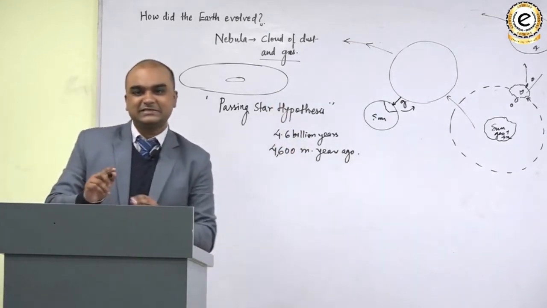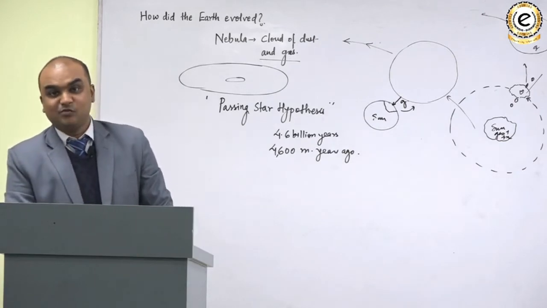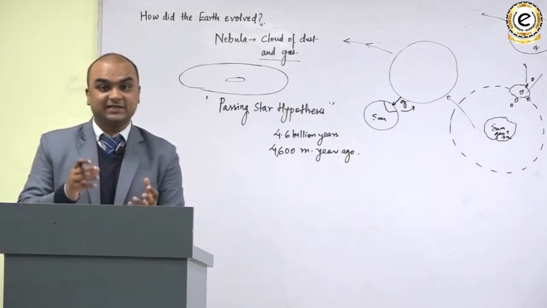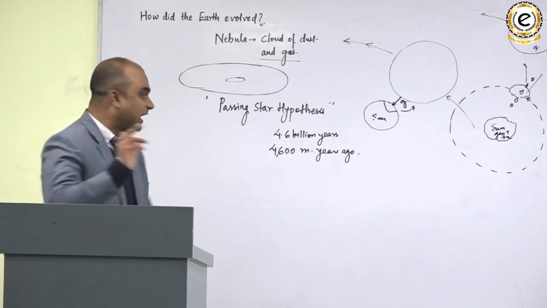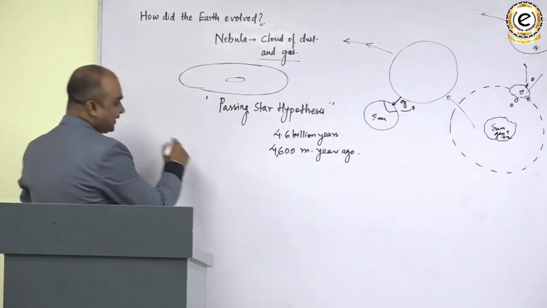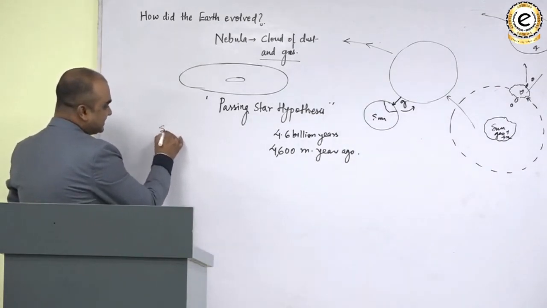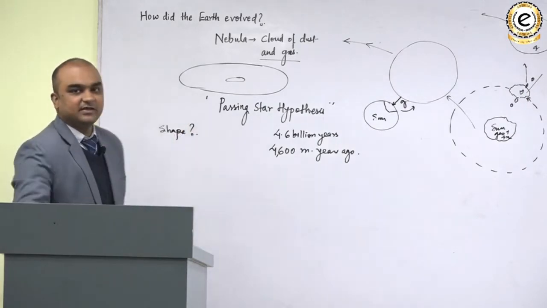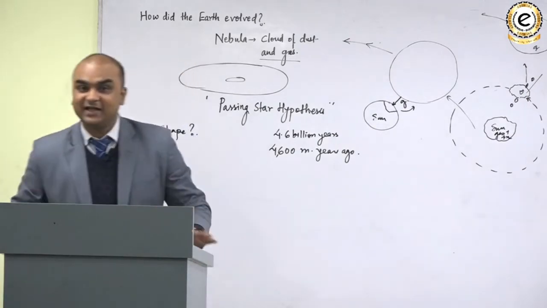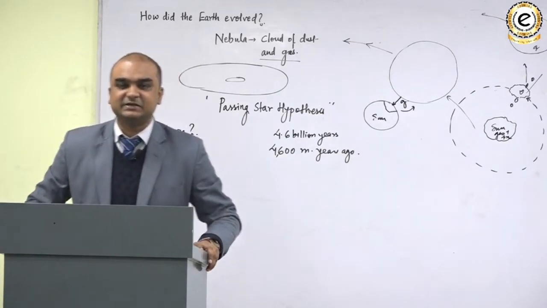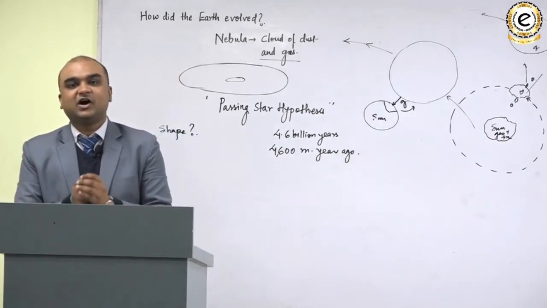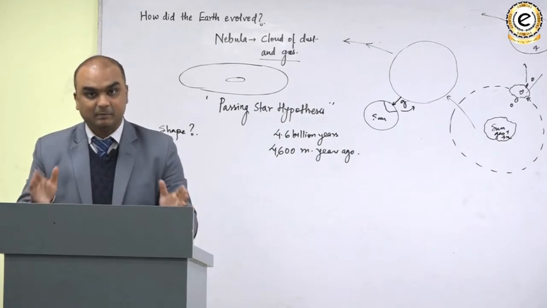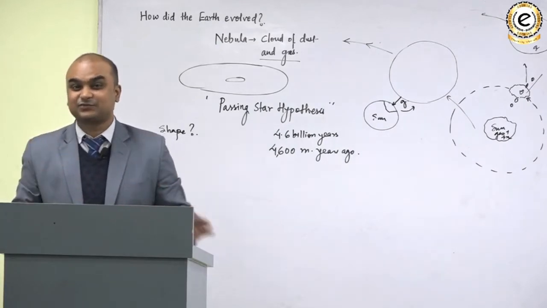Now, what is the shape of Earth and what is actually the size of Earth? So we will now have a look at the second question, which is what is the shape of the Earth? Now, you might have studied this in several books that Earth is a sphere, but it is not an exact sphere.